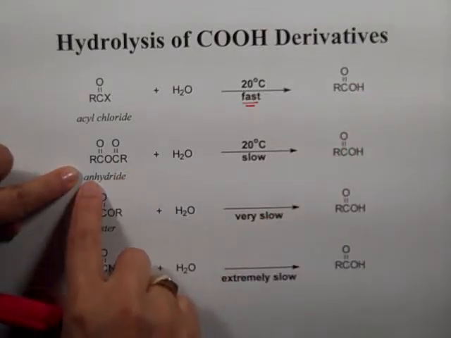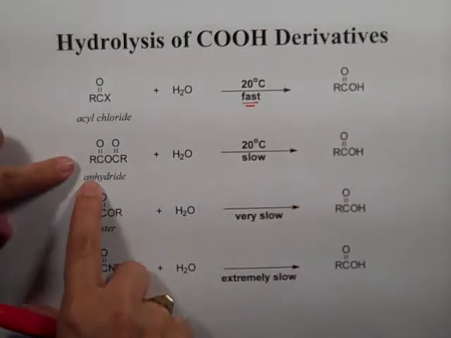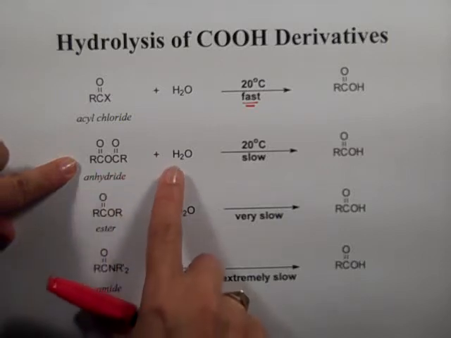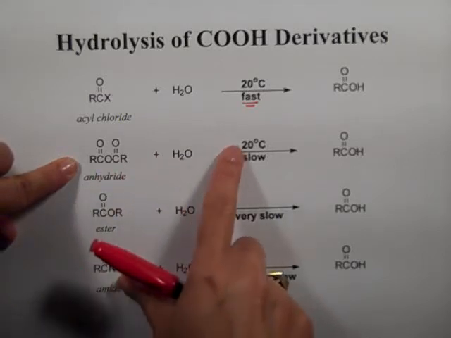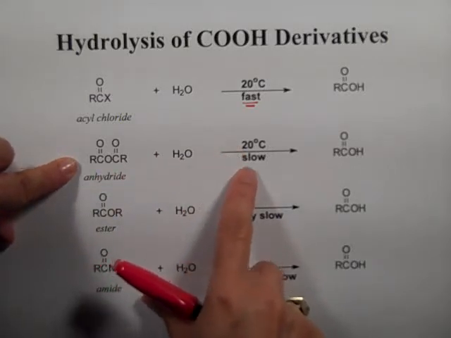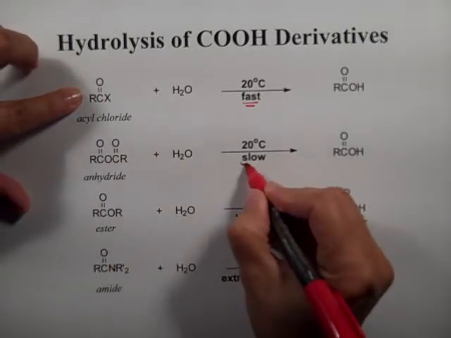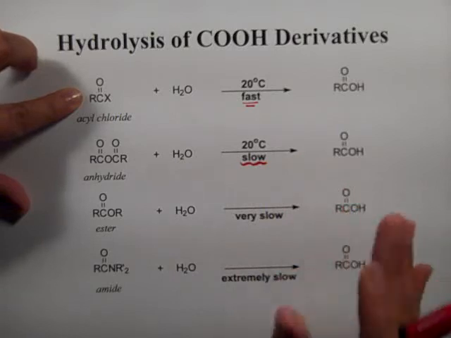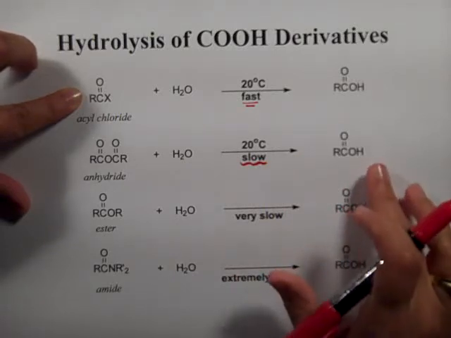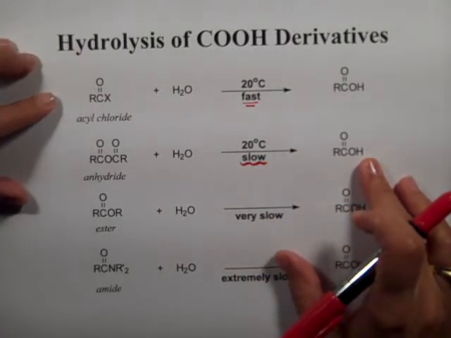This is an anhydride. It's the second most reactive carbonyl. When you do the hydrolysis, though, at 20 degrees, we notice that the reaction is not as fast as the acyl chloride reaction. The reaction kind of slows down. Still, if you let it go for a longer time, you still get the carboxylic acid.